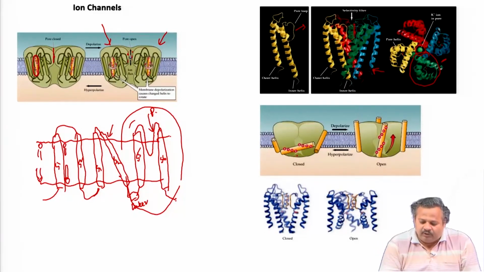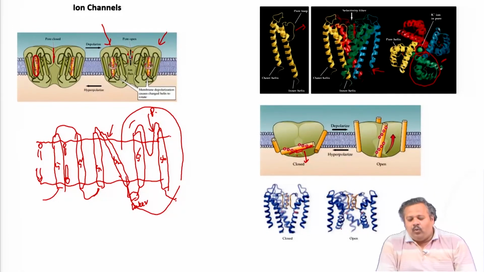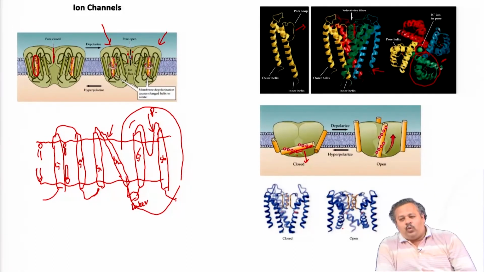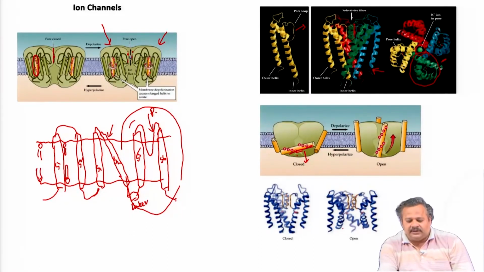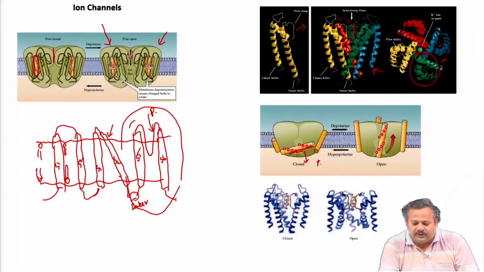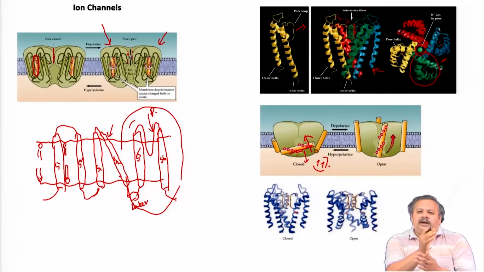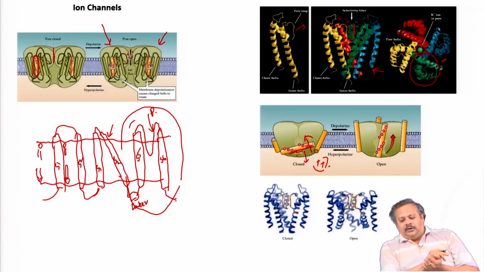As you can see, the positive charges are towards the inside of the membrane here when it is closed, and when the voltage increases, there is a depolarization, that is there is a build up of positive charge here, the positive potential here, then this is repelled and made to move out, and that pulls back the pore open.